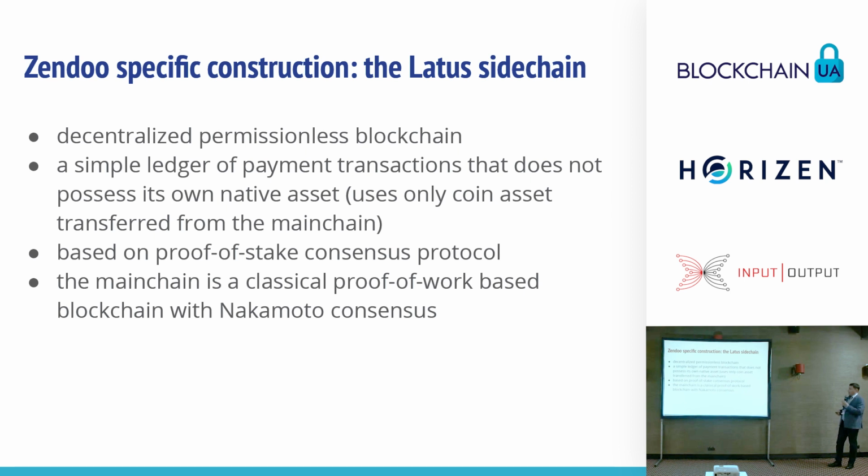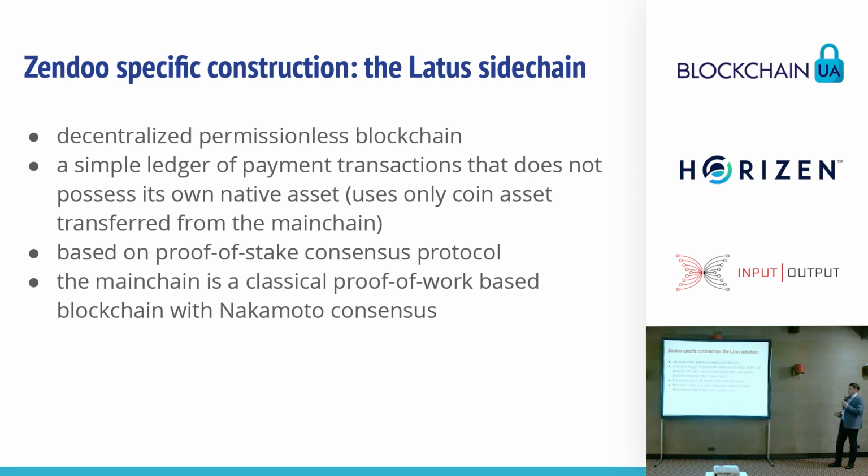Zendoo is just a general protocol, and its instantiation is Latus sidechain. It is a decentralized permissionless blockchain. It is a simple ledger of payment transactions that does not possess its own native asset. So it processes only main chain coins. It is based on a proof of stake consensus protocol. It is based on Ouroboros.